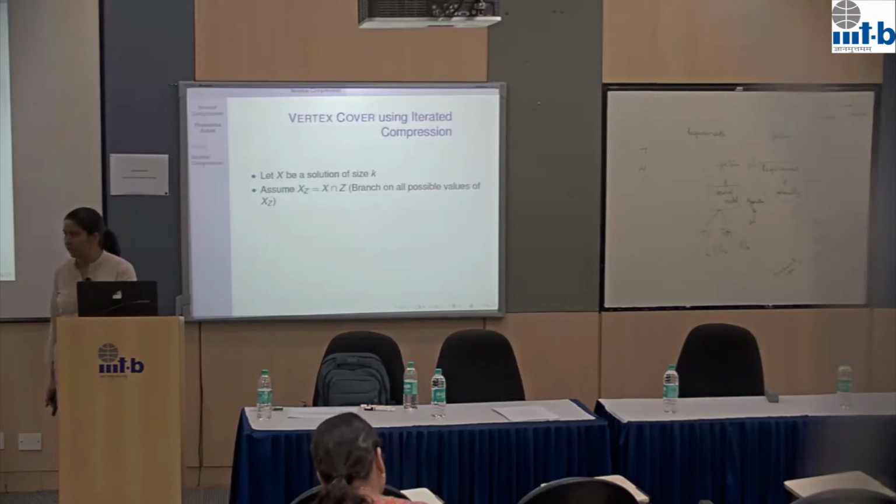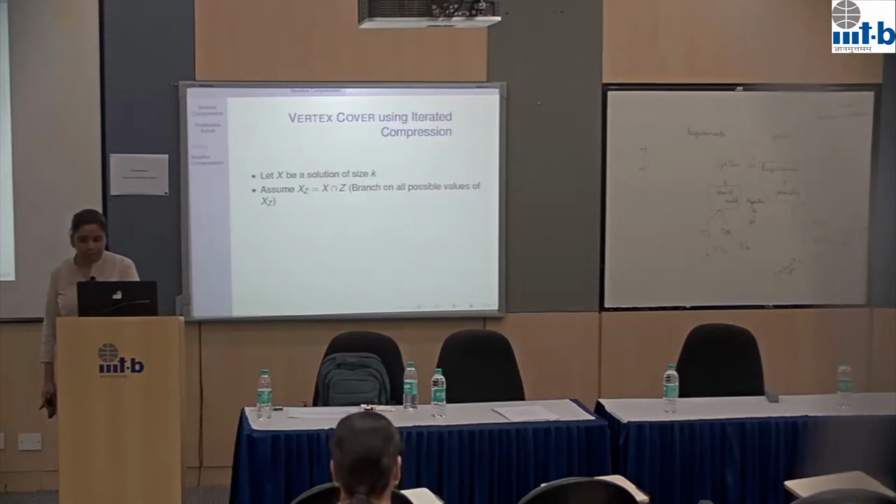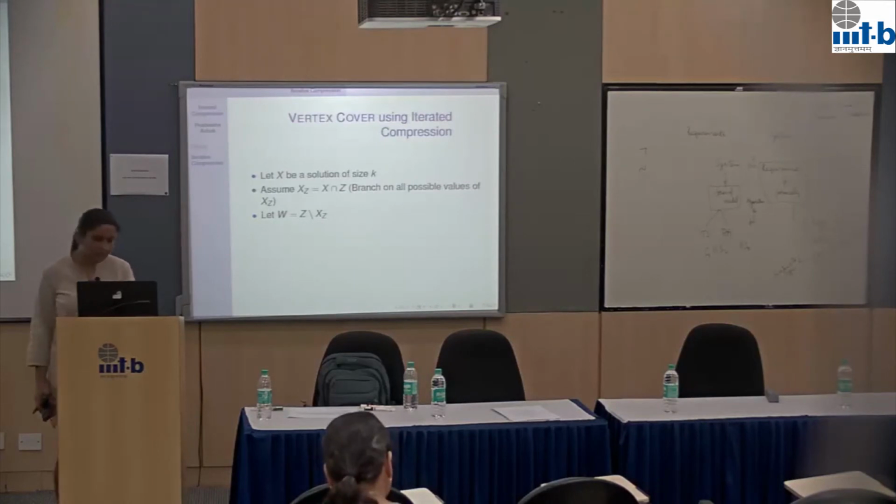Actually, we are guessing it. We take every possible subset of Z and run the rest of the algorithm for it. Let W be Z minus XZ. I've called it T here. So W is Z minus XZ, and what do we know about W?